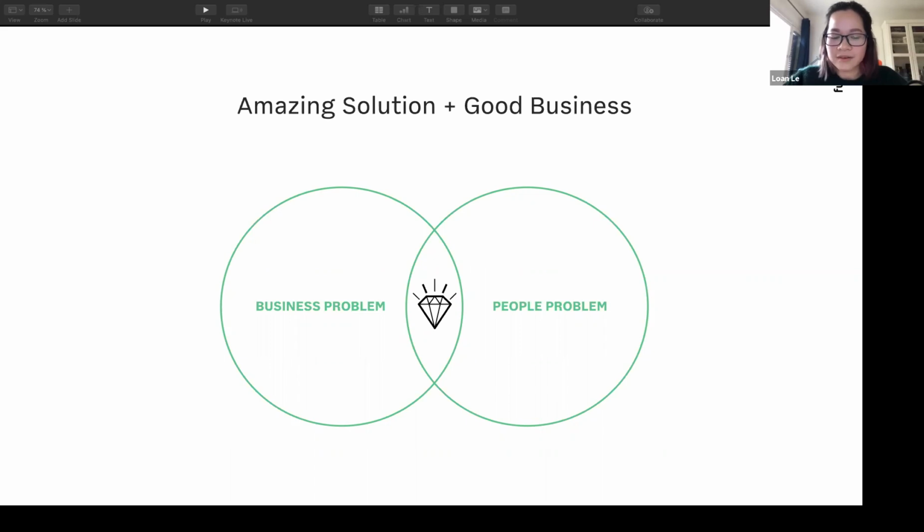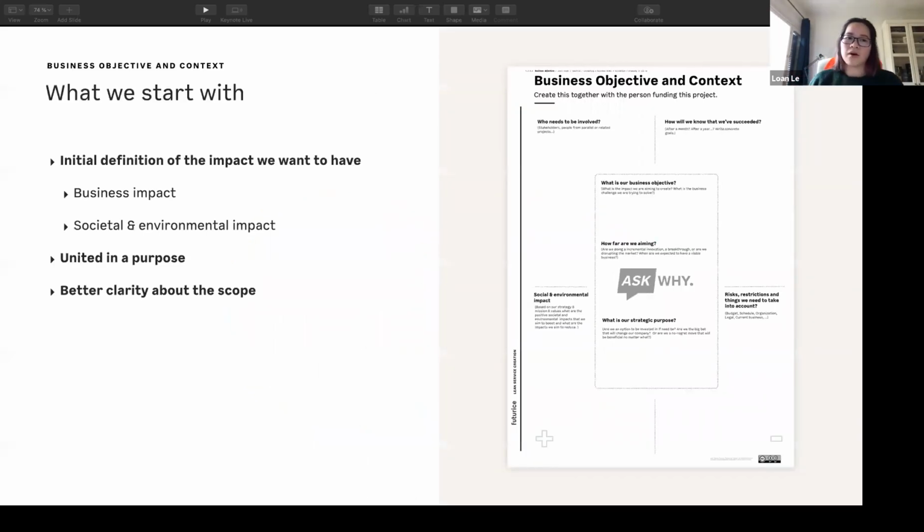With this canvas, it will help you to identify your business problem. So before you start working on the canvas, you should discuss within your team what is the impact you aim to make, and whether it's a business impact or, on a broader scale, societal impact or environmental impact.